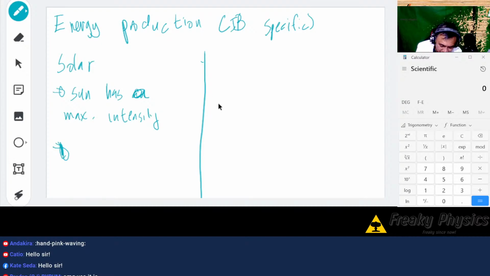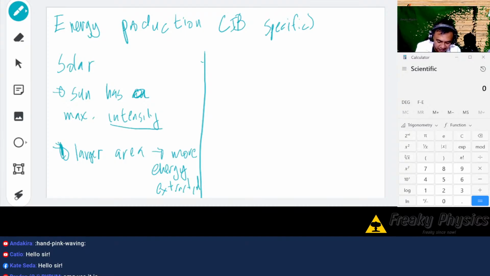The idea here is larger area, more energy extracted, because the idea is intensity is power per unit area. Let me see if I can find that particular formula here. Okay, nope, it's not here. So that's the first one.